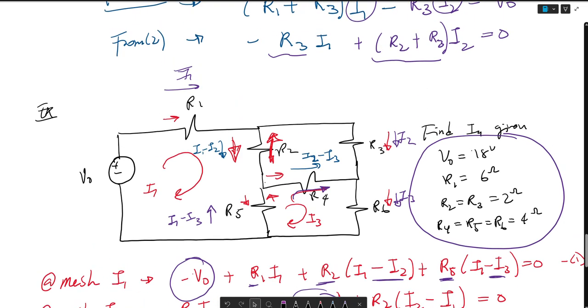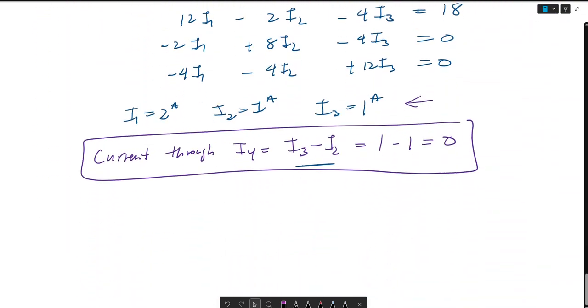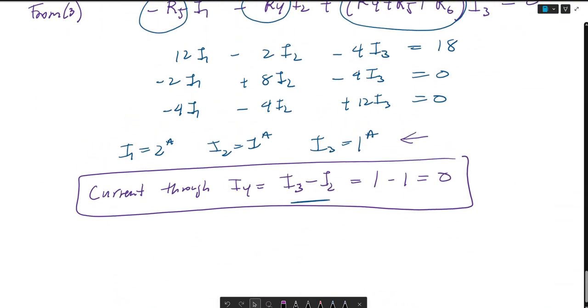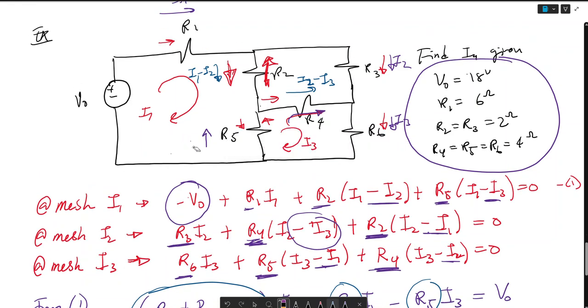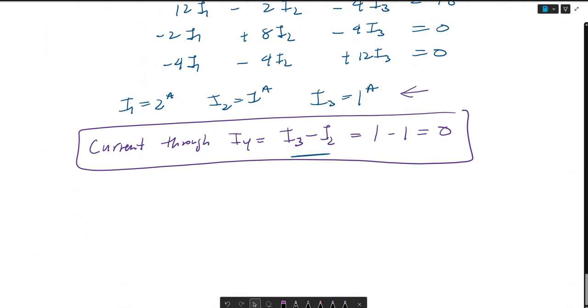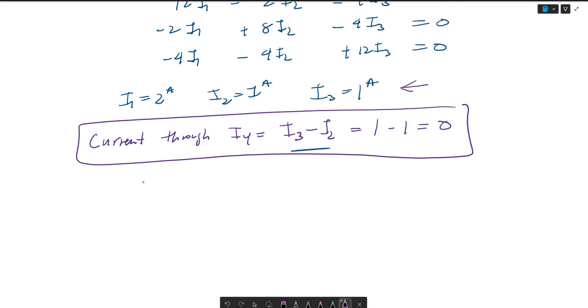If you were to ever get a negative value, for example, if I say the current through here, R5, is I3 minus I1. So if I go down here and say I5 is equal to I3 minus I1, which is 1 amp minus 3 amps, which is negative 2 amps.